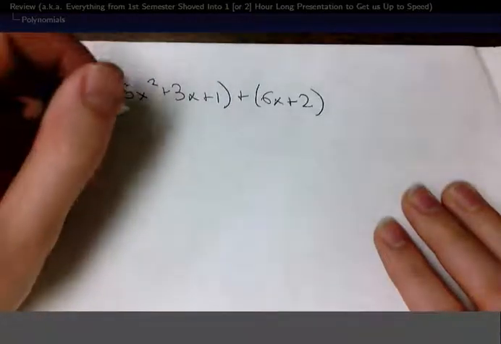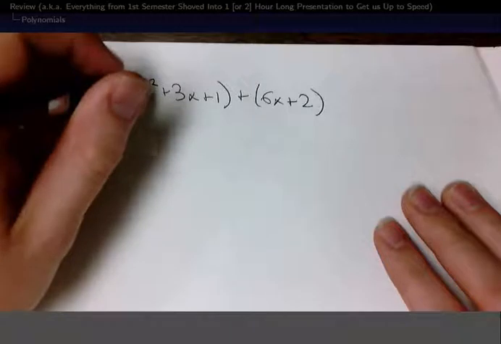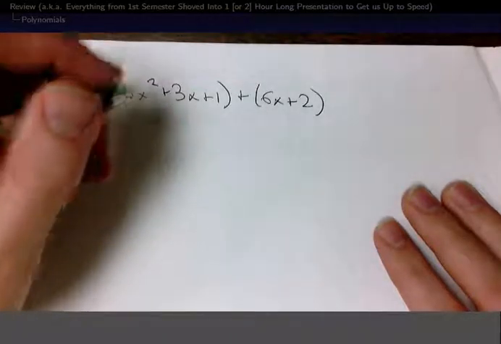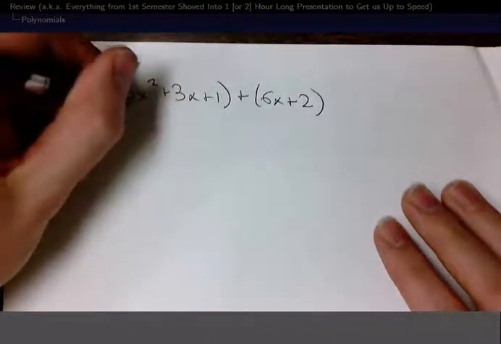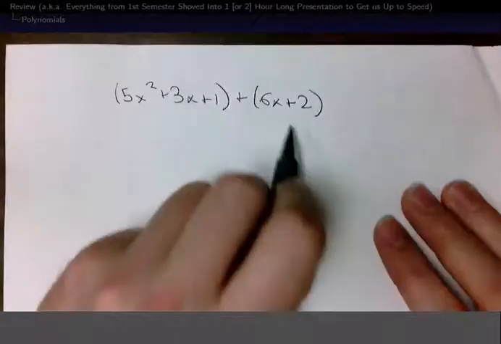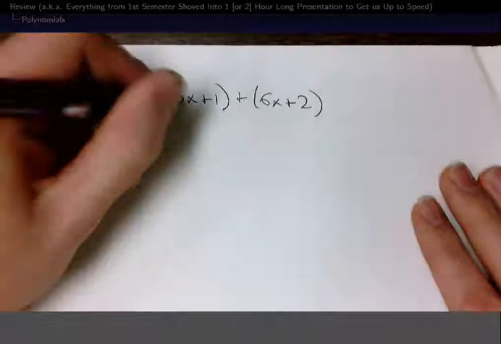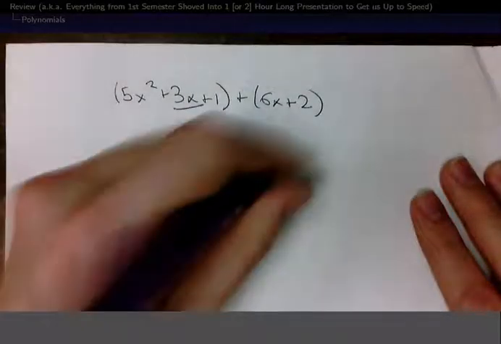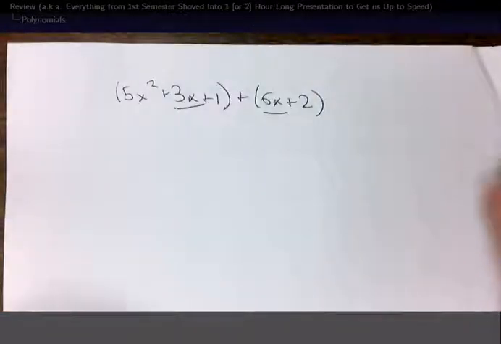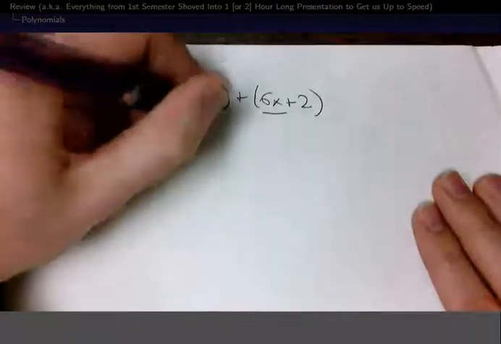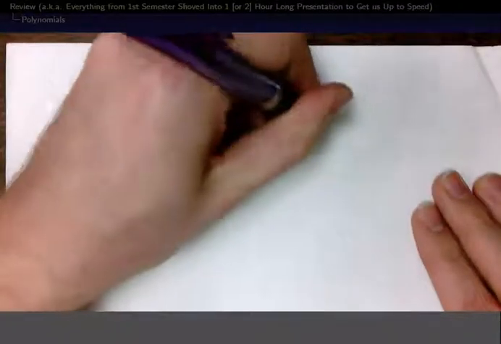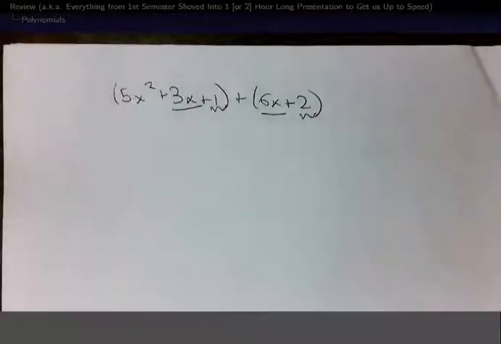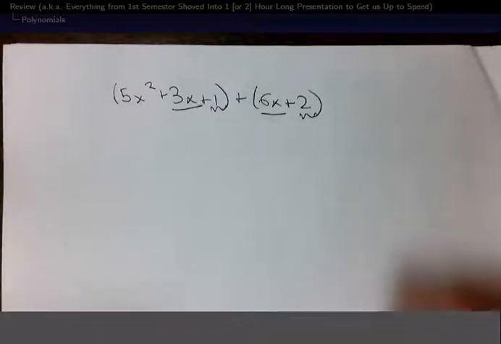And like terms, again, are those terms that have the same variable raised to the same power. So in this case, we have 5x squared, but we don't have any x squared terms in my second polynomial. So that's just going to come along for the ride here. We do have a 3x, and in my second polynomial, I have a 6x. So those two are like terms. And then we also have a 1 and a 2 here. So those are also going to be like terms.